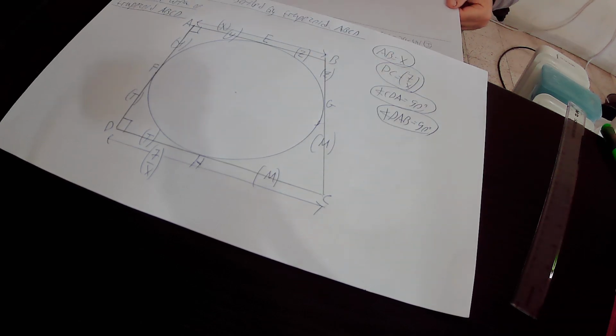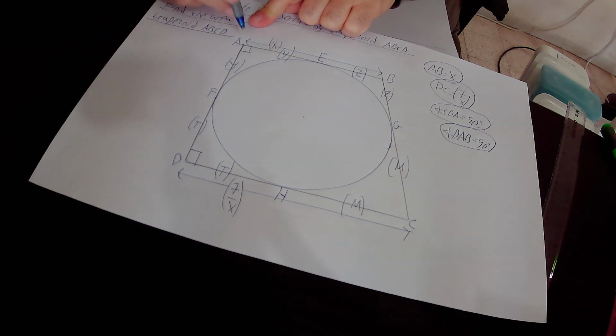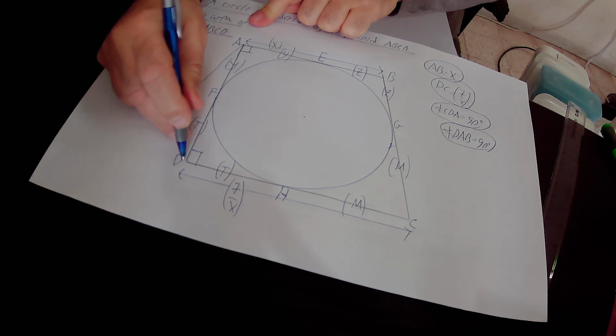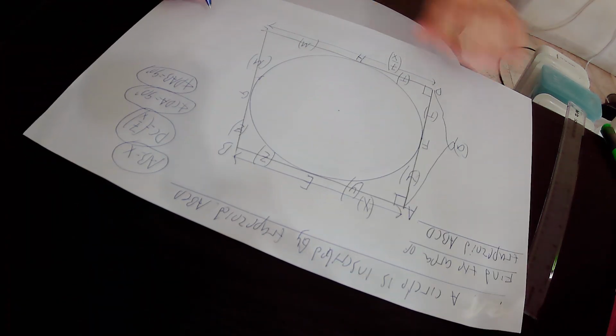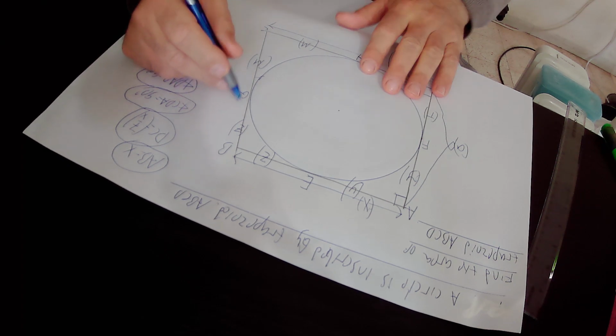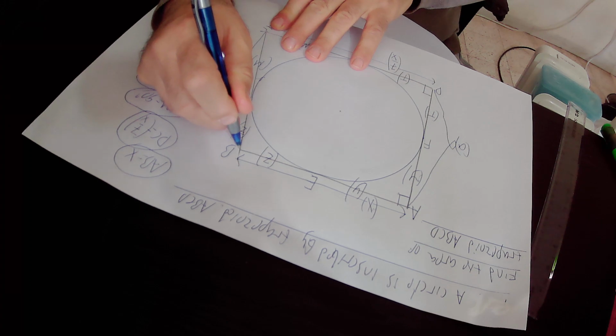In the next step, we define the length of this line segment AD as A. AD equals A according to our definition. Likewise, we define the length of this side BC as B. BC equals B according to our definition.